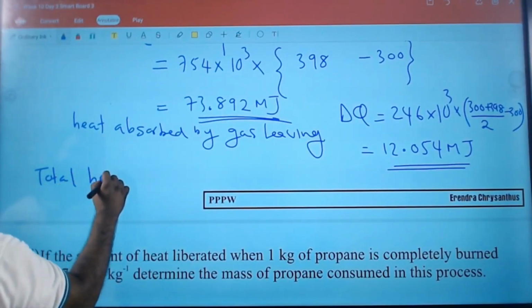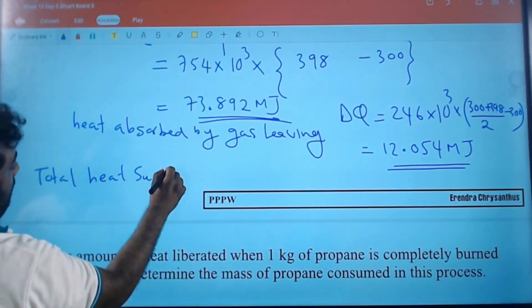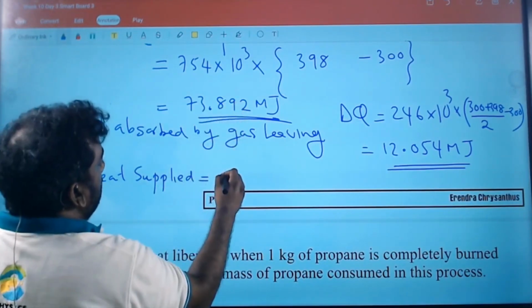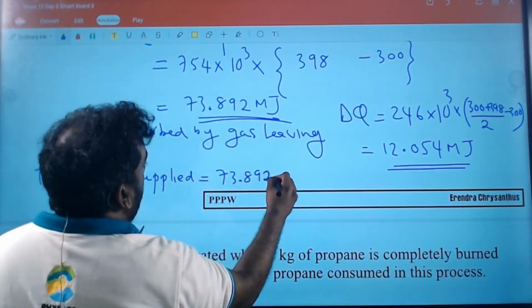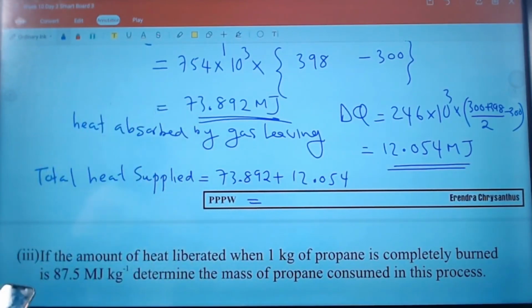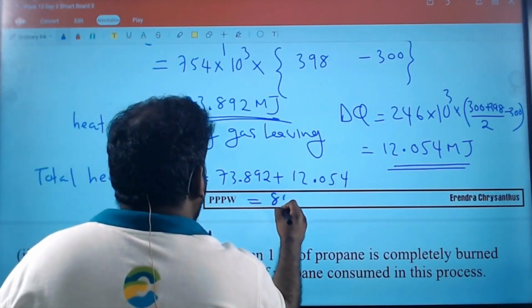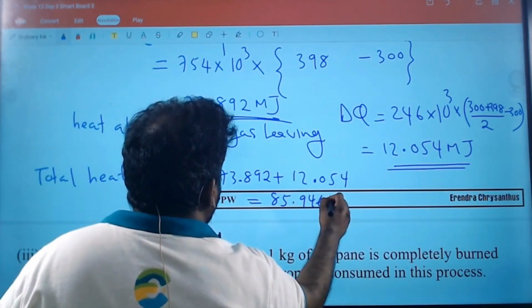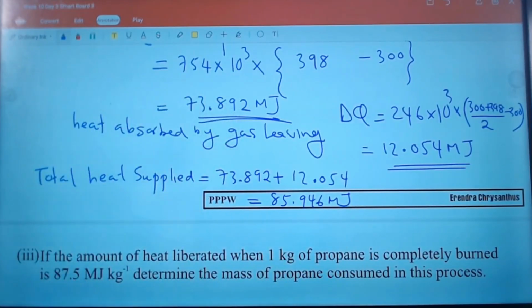Total heat supply will be the addition of these two. 73.892 megajoule plus 12.054. 12.054 plus 73.892, 85.946 megajoule. 85.946 megajoule. Okay, right.